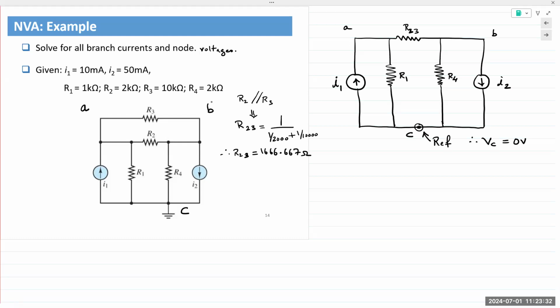Okay. I identified all the nodes and I chose my reference node as C. So VC is automatically assigned 0 volts. So how many unknown nodes? 2 unknown nodes. So we need at least 2 equations to solve for these.